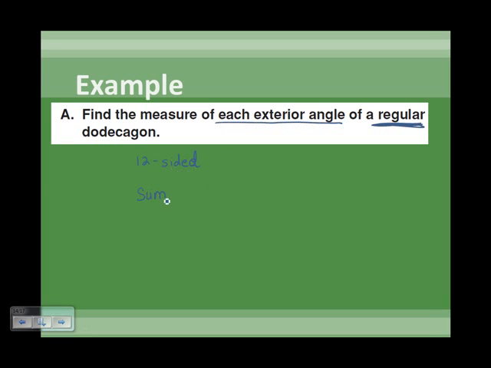Well, the sum of the exterior angles is 360, and there's 12 exterior angles, and they're all congruent because it is a regular figure. So if I do 360 divided by 12, I end up with each of those exterior angles being 30 degrees.